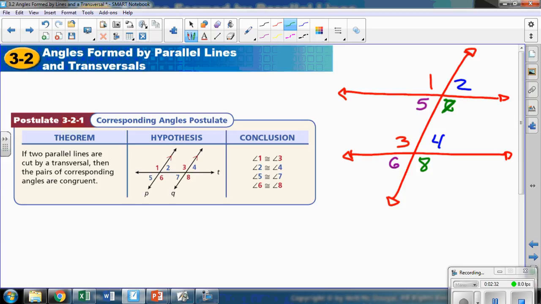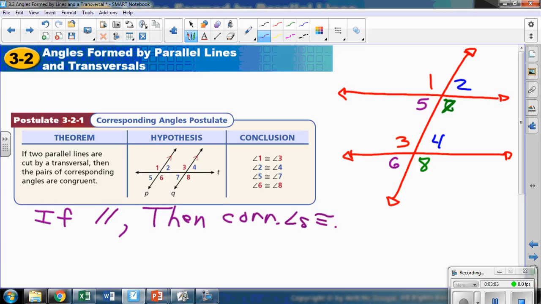As a postulate, this is something that we will accept as being true, and we don't need a formal written proof. But we should still have a general idea why it's true, even if we don't prove it. This statement is saying if you have parallel lines, then corresponding angles are congruent.